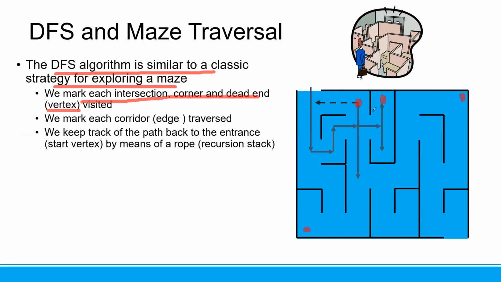So if you have all the vertices, we can define the edges. Let's say this is another vertex, then we can have this as an edge. This is another vertex, another vertex, another vertex.